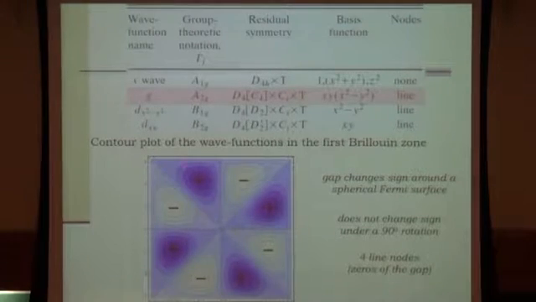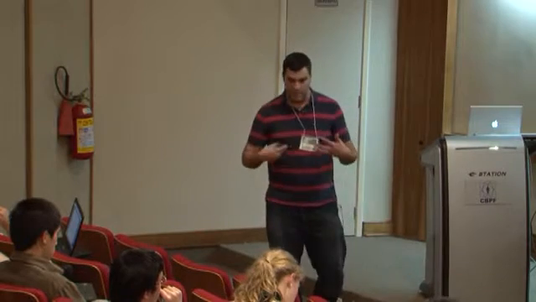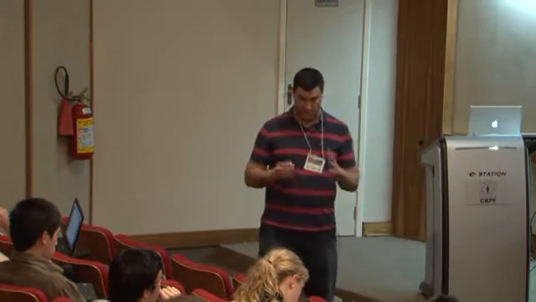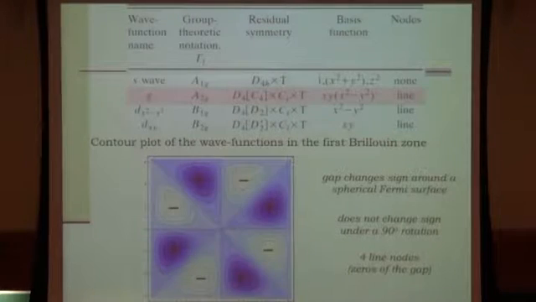And you actually have 4 line nodes. What are line nodes? These are lines where the wave function is 0. Remember that a negative gap still means it's a bound state, because the energy of the gap is the absolute value of delta. But the zeros will be very important, as I'll discuss later.